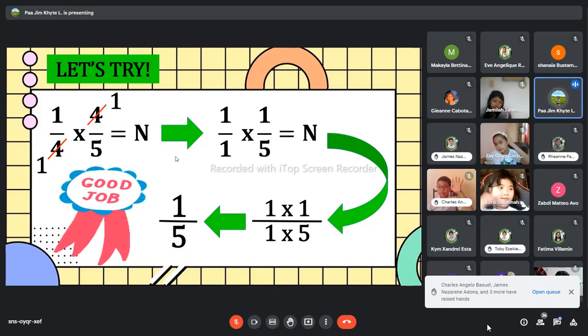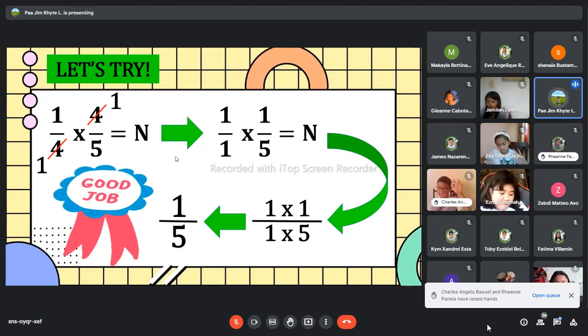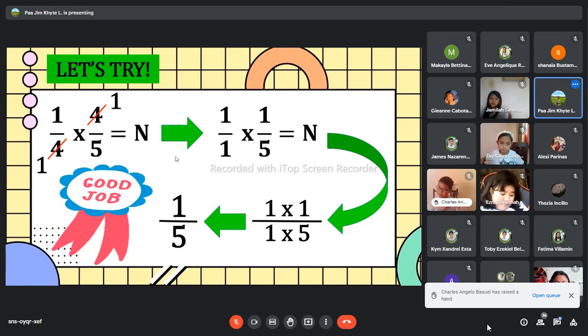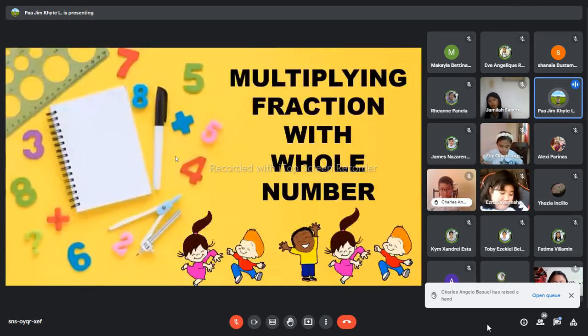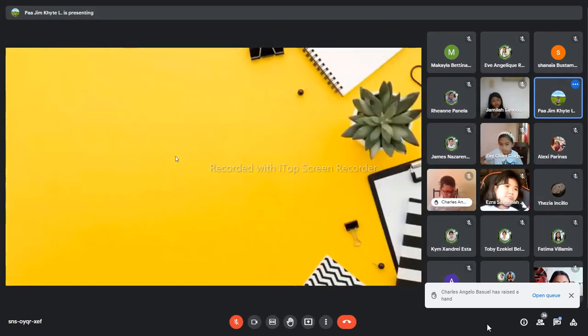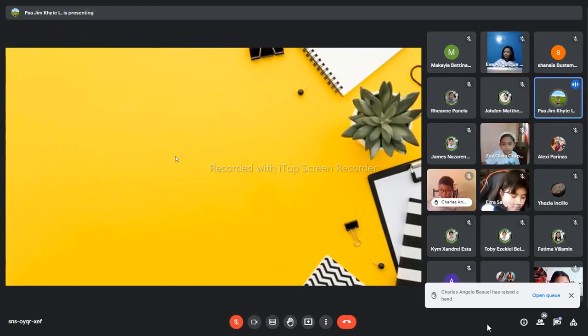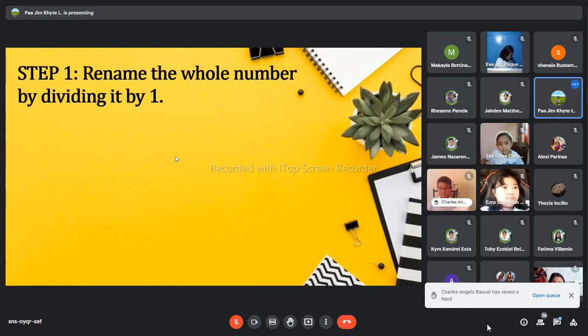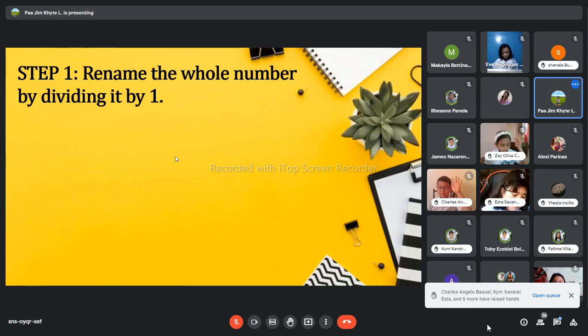Good job. Now, let's take a look at this: multiplying a fraction with a whole number. There are steps in multiplying a fraction and a whole number. Kindly read the first step. Let's see, Shania.